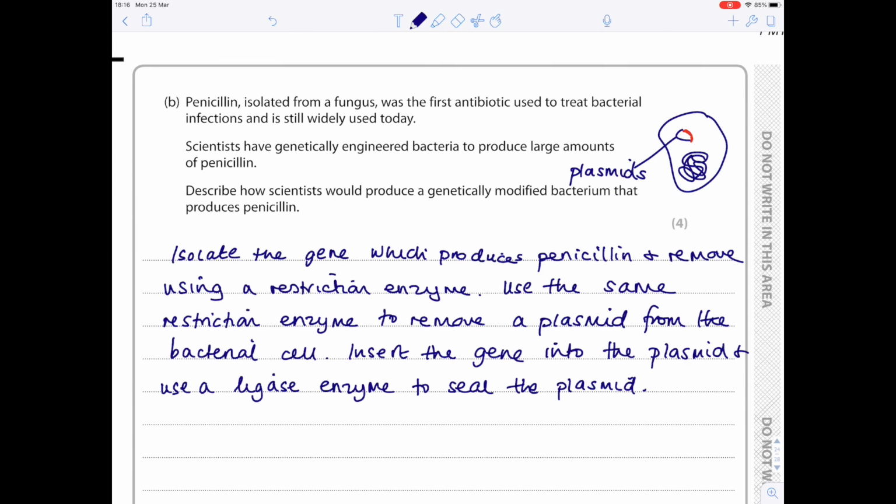Now, when a plasmid has gained genetic information from another source, we call it a recombinant plasmid. So that's another key scientific word we're going to use. And we're going to say, insert the recombinant plasmid back into the bacteria.